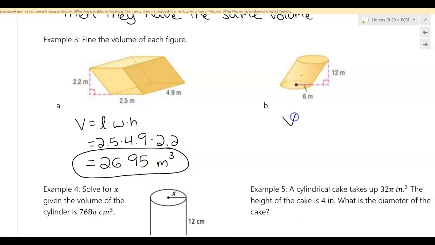Same thing here. Volume equals pi r squared times height. Our r, right, is that 6, and our height is that 12.